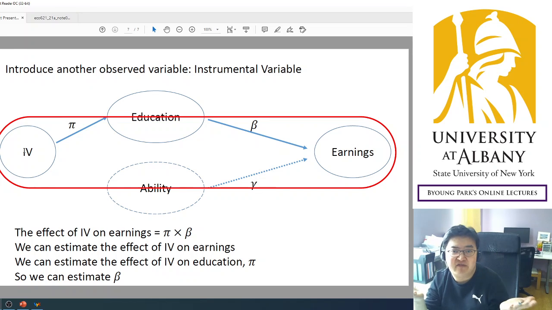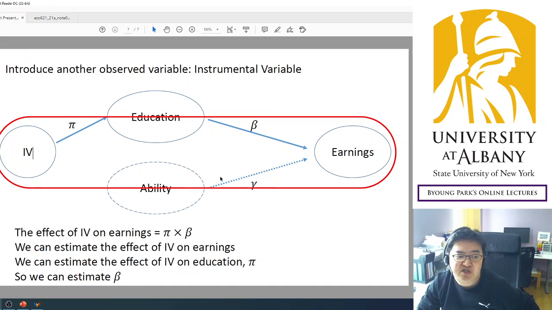You can calculate that from the data, and then by our assumption, you can say that this effect can be decomposed into the IV, the new variable, affecting education, and the increase in education affecting the earnings.